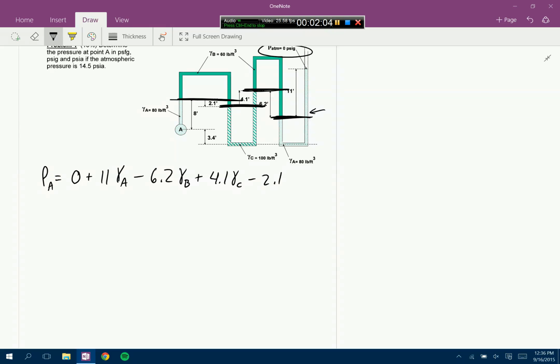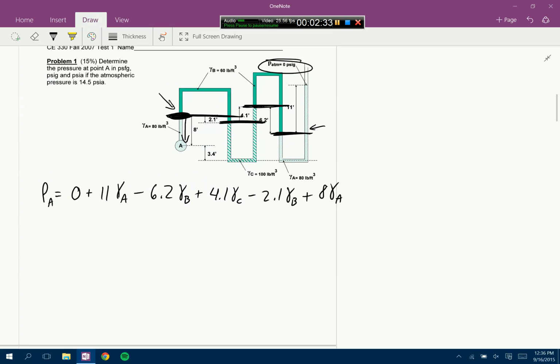Going up makes the pressure go down. So 2.1 times the fluid that we're going through, which is gamma B. And so right now we're at this point right here. If we calculated this all out, we would have the pressure at this point. And now all we have to do is plus 8 gamma A, which is just this distance right here, times the specific weight of that fluid, and that's all there is to it.